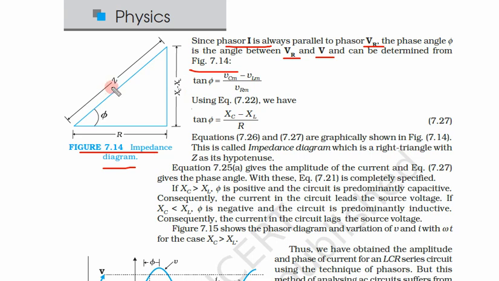The only thing is that it is now in terms of Z, R and Xc, XL instead of voltage, because we know this voltage is simply Im into R for the resistor, and for the capacitor it is Im into Xc. So this is the same diagram. Let us go back and check that diagram.